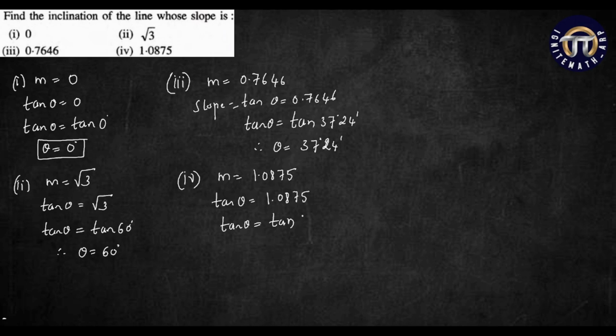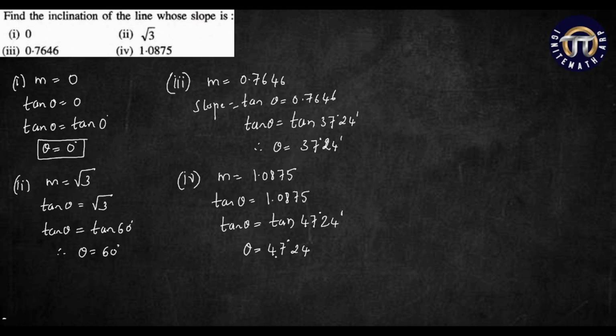It is tan of 47 degree 24 minutes. You must know the skill of knowing the method of using the tan table. Okay, children. So theta is equal to 47 degree 24 minutes. This is the angle of inclination.